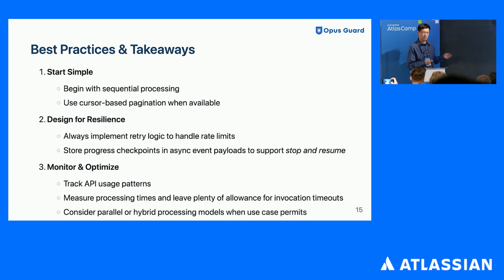You also monitor your running durations, instrument your code, so you have the data to make better decisions when you want to optimize further. And also keep in mind your use case before you determine which model you want to use.